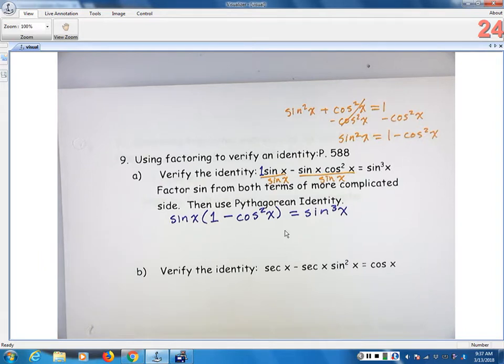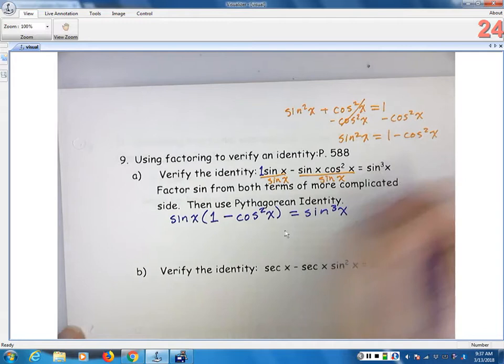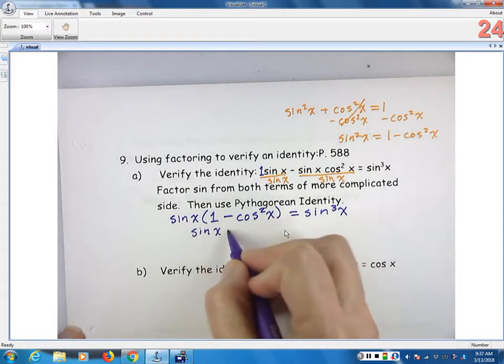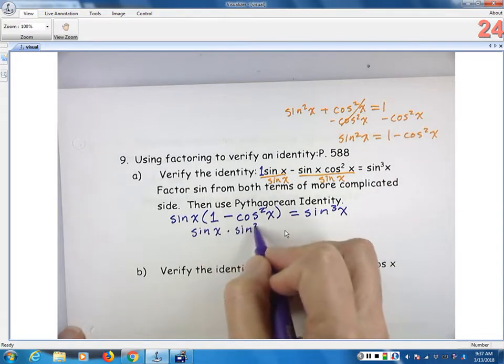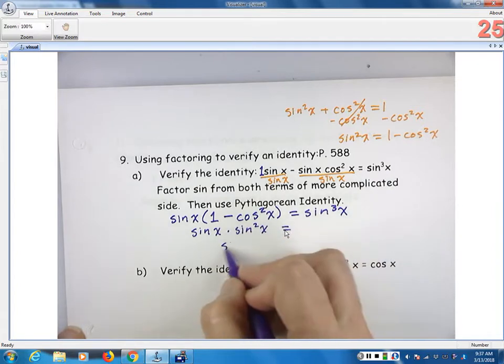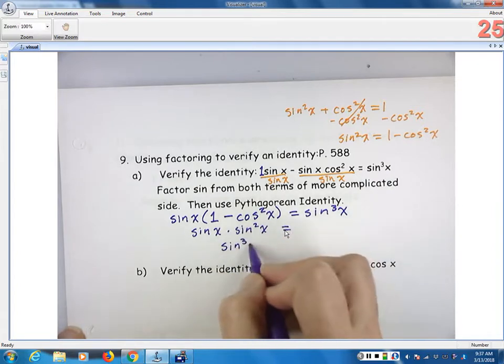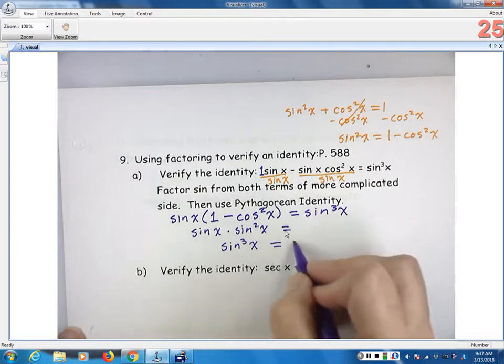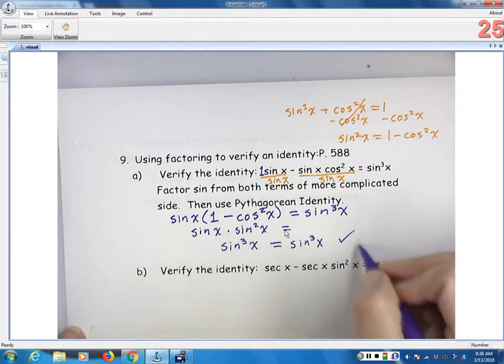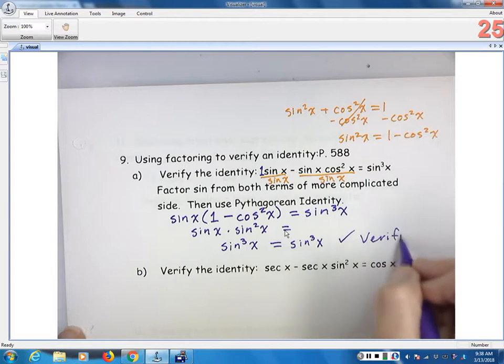So 1 minus cosine squared x equals sine squared x, so we have sine x times sine squared x. Okay, so that's sine cubed x, and that does equal sine cubed x. Verified.